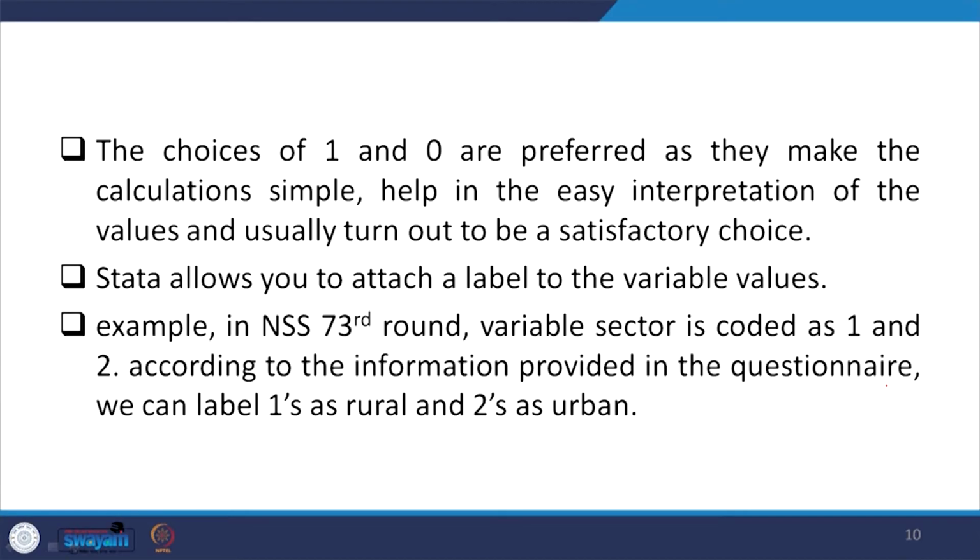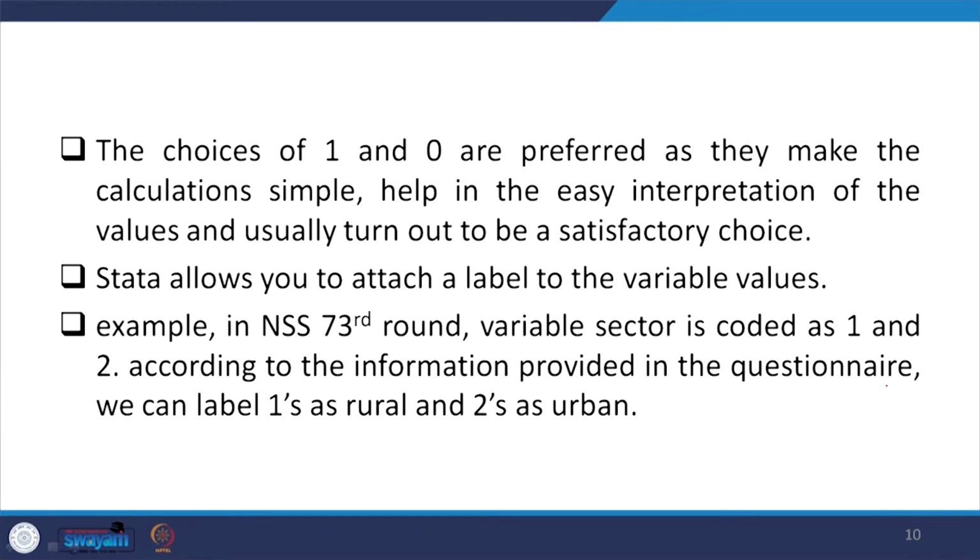In fact, any distinct value of the dummy will serve the purpose. One label has to be clearly separated from another. The choices of 1 and 0 are preferred as they make the calculation simple, help in easy interpretation of the values, and usually turn out to be a satisfactory choice.